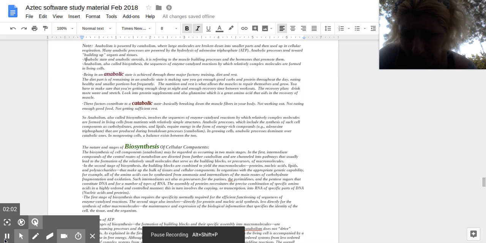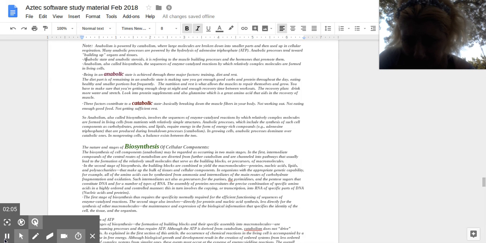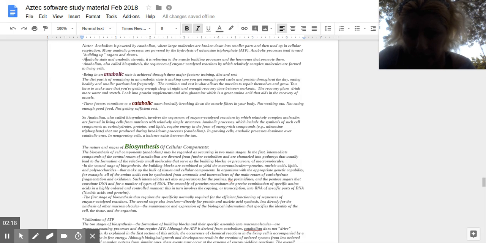So while anabolism forms complex molecules in living cells from nutrients with relatively simple structures, and cellular components are synthesized, such as carbohydrates, proteins, lipids, etc. This requires energy in the form of ATP, or energy-rich compound, produced during catabolism, or the breakdown processes.